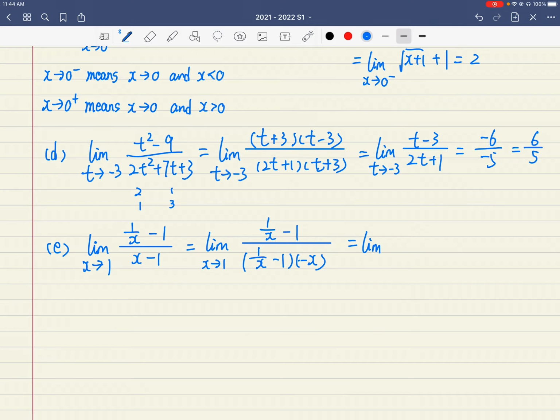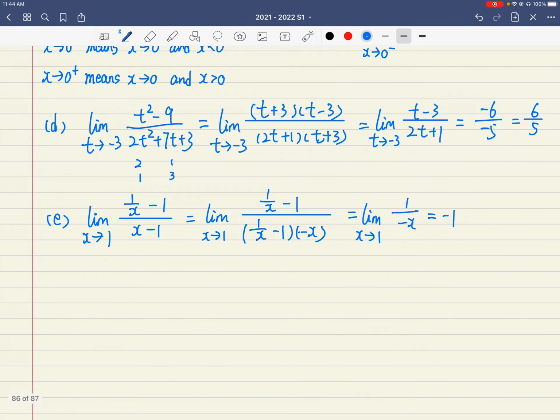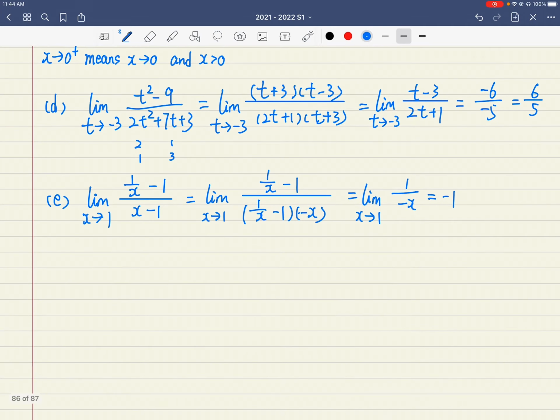So it is limit 1 over negative x. So it's just negative 1. So yes, it's still elimination of common factors, but for some, the elimination is a little bit harder than other eliminations.